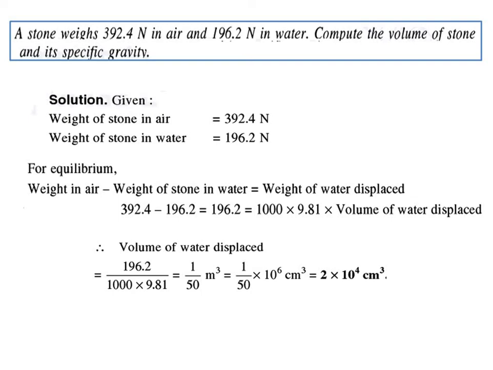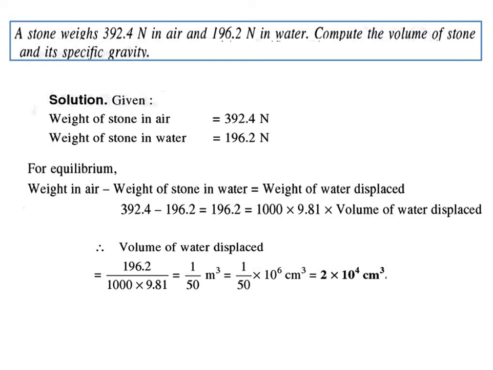For equilibrium, weight in air minus weight in water is the weight of water displaced. The difference is 196.2, which equals the weight of water displaced.